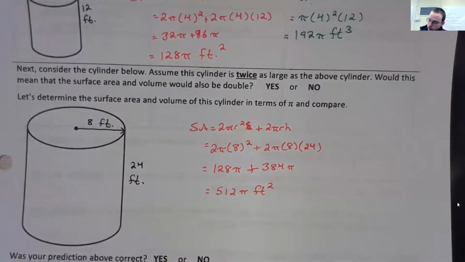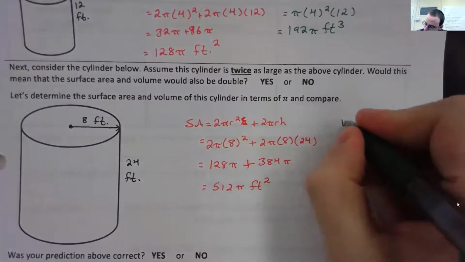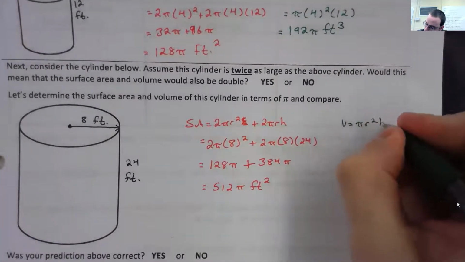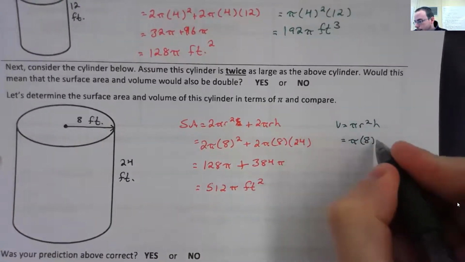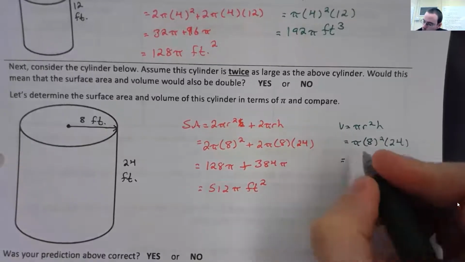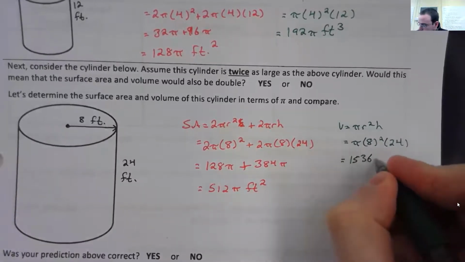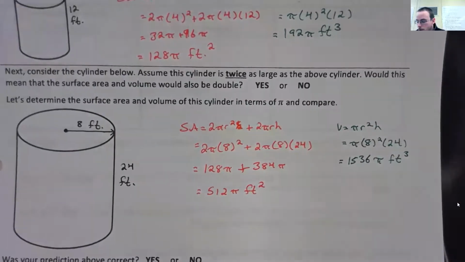Then we're going to take our volume, pi r squared h. So r is 8, h is 24. When you multiply all that together, you get 1,536 pi feet cubed.